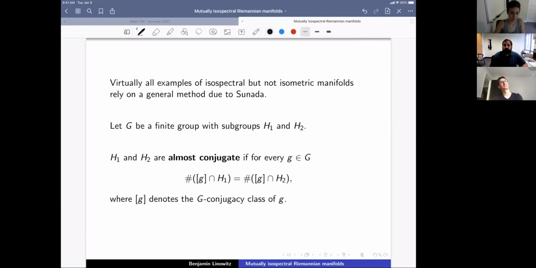The idea is, if you have a finite group G and subgroups H1 and H2, you call them almost conjugate if every conjugacy class in your bigger group G intersects each of the subgroups the same number of times. For instance, if two subgroups are conjugate, then they're trivially almost conjugate as well. So the game is to find almost conjugate, but non-conjugate subgroups.